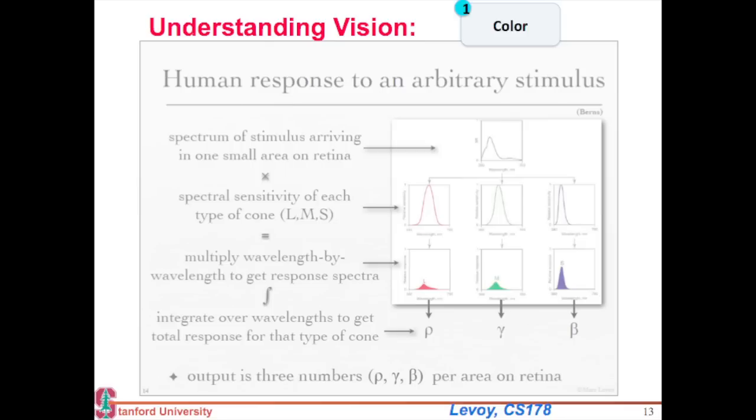These cones have spectral responses, and you essentially just take an integral of the spectrum against those curves. This is what your L cone perceives, this is your M cone, the medium cone, and that is your S cone.